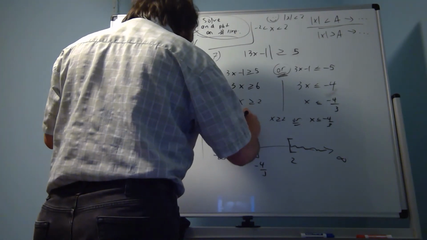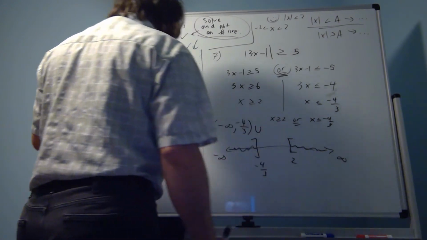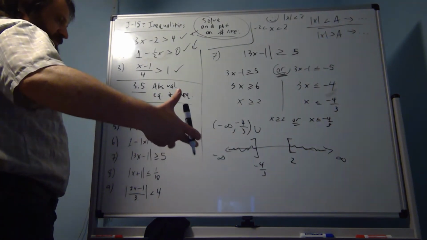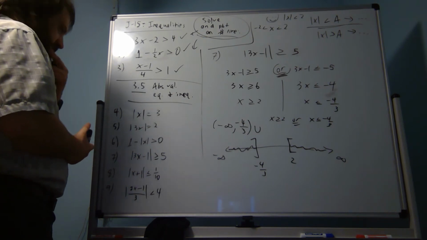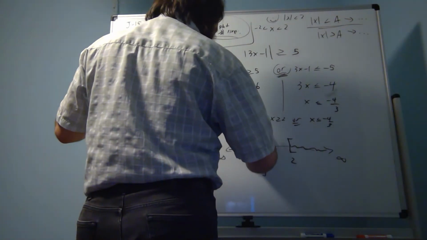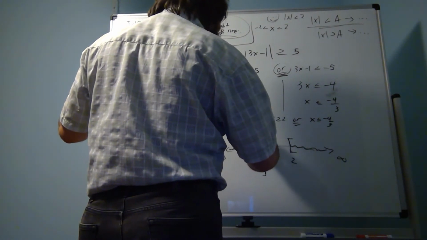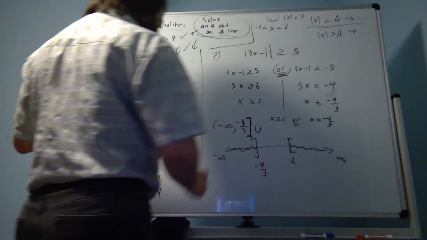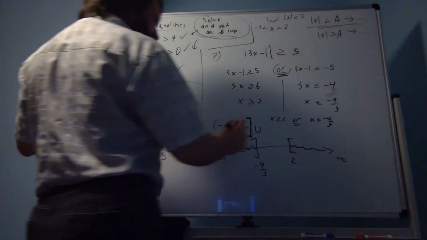Interval notation is a little bit cumbersome, but as a solution set, we have these two things that are completely separate from each other, but there's two ways that the absolute value can be. You can get a big negative number or a big positive number. So, square bracket. So x goes from minus infinity up to and including -4/3.